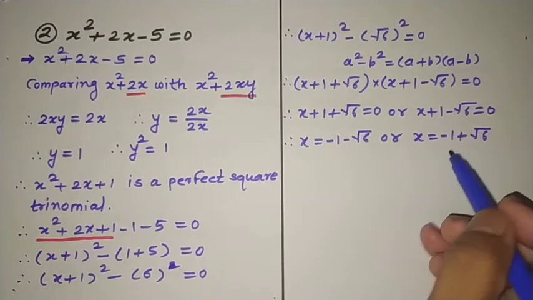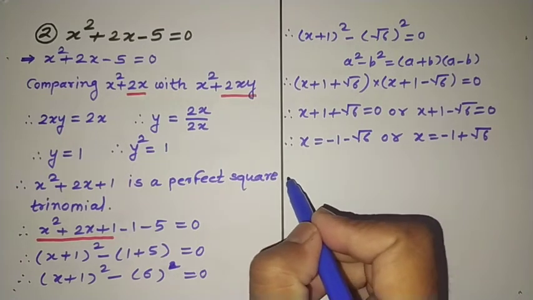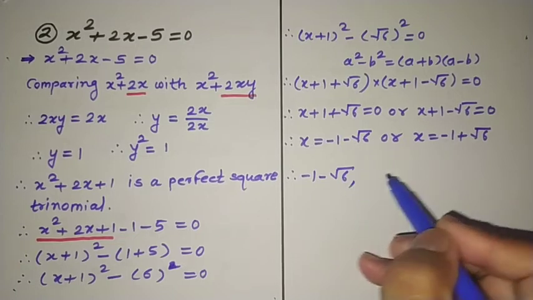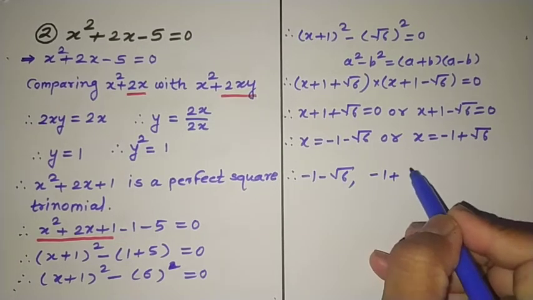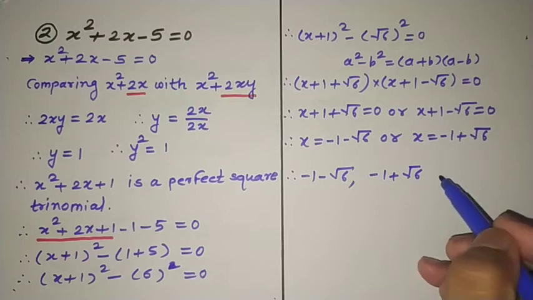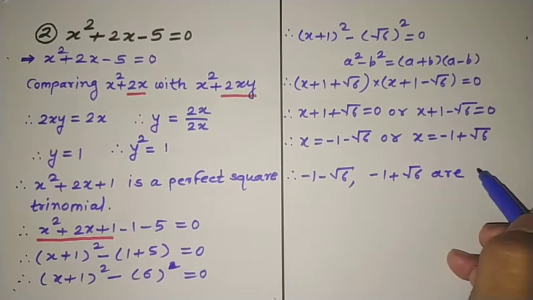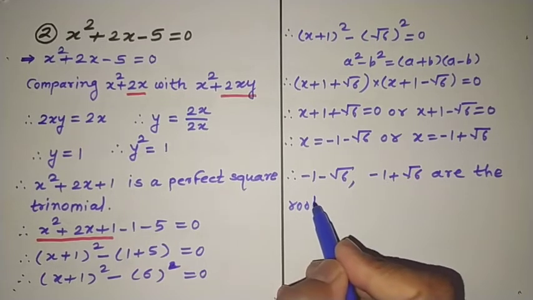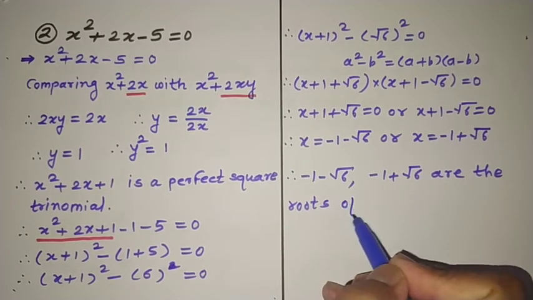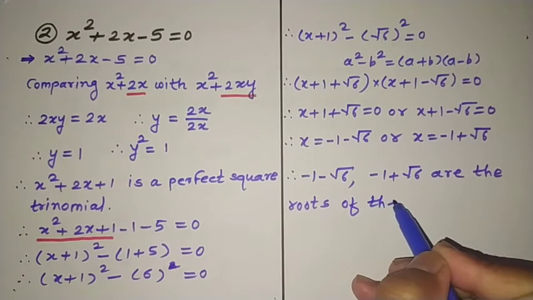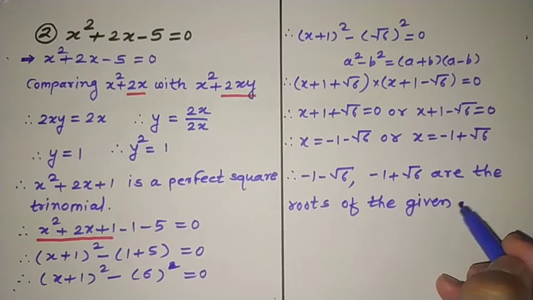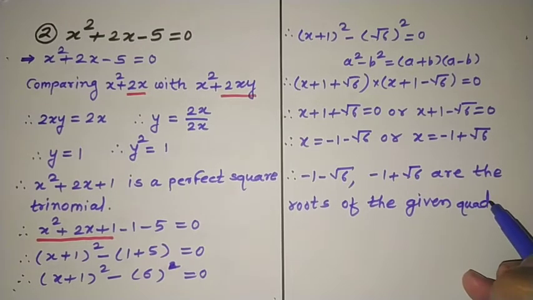Therefore minus 1 minus root 6 and minus 1 plus root 6 are the roots of the given quadratic equation.